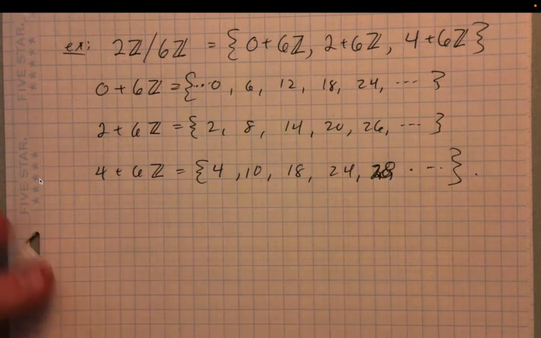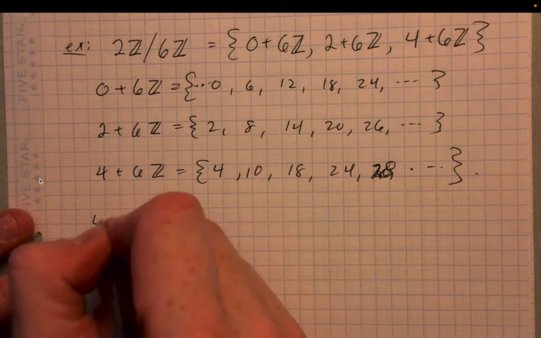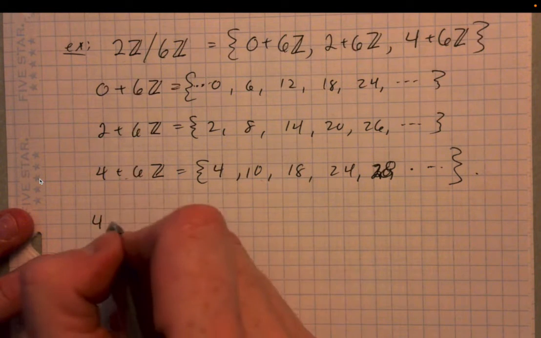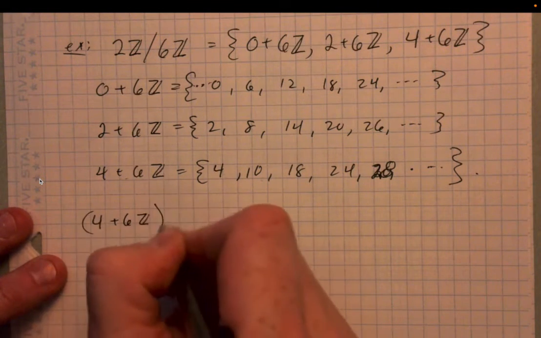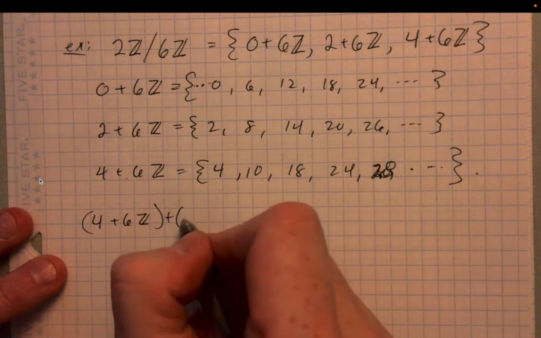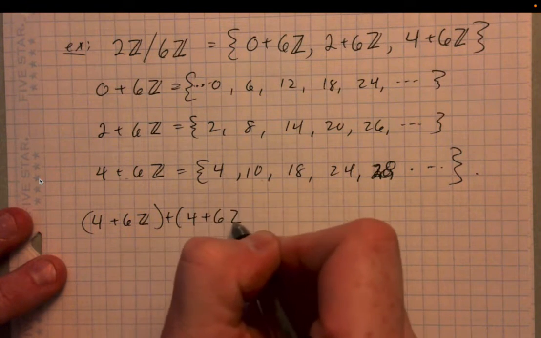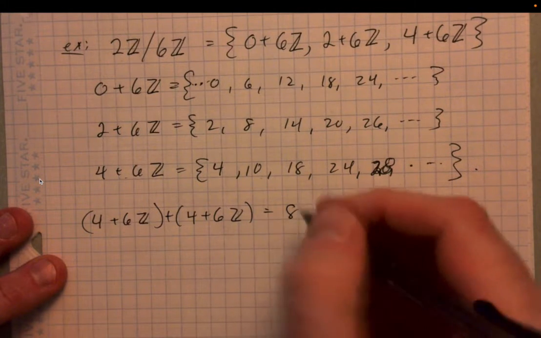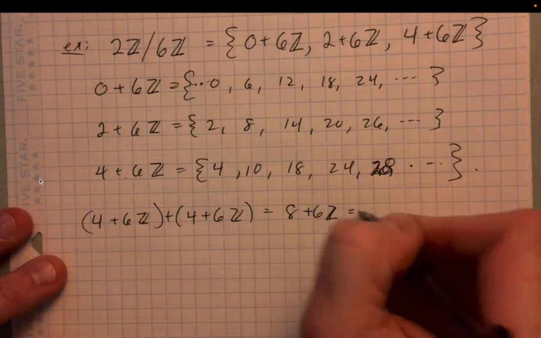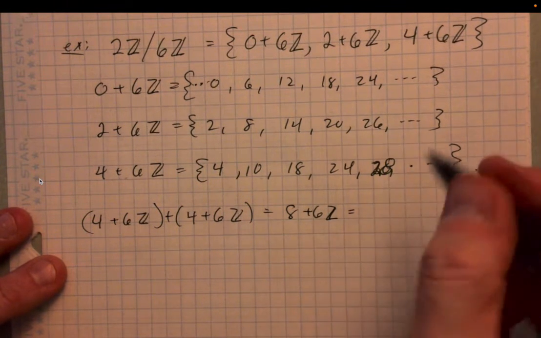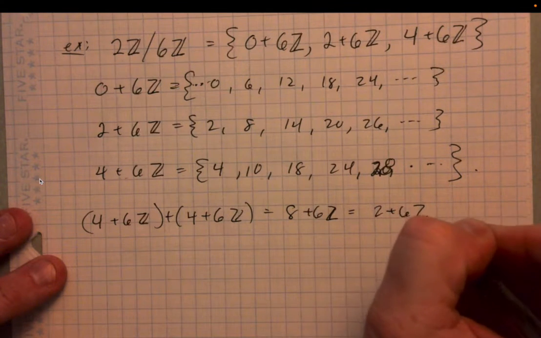Right, and again, the addition, how would it work? So if I take the coset 4 plus 6z, and I add 4 plus 6z to it, maybe add it to itself, then I get 8 plus 6z, which is 2 plus 6 plus 6z, so really just 2 plus 6z, isn't it?